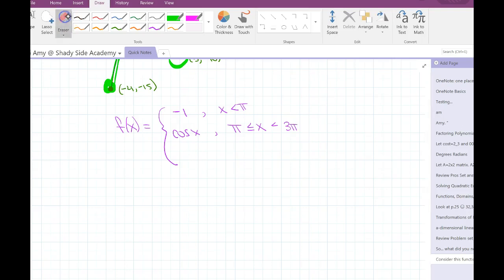Let's just have 2 pieces for this, okay? Go ahead and sketch this function. Let's see how we do. And then I'll ask you some follow-up questions. So pause me now and see if you can sketch this function, then come back and talk to me.